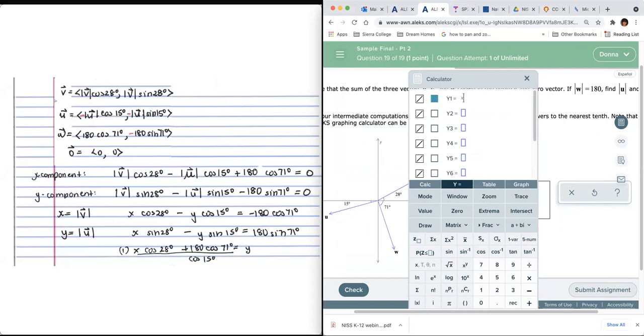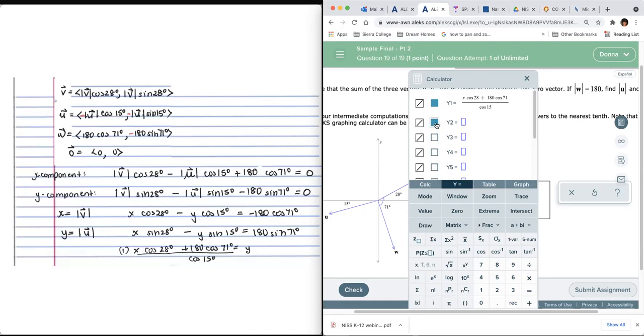I think if you type the letter c, it automatically puts in cosine, and if I double click, it highlights the sum divided by c space 15. So now I have the first equation.